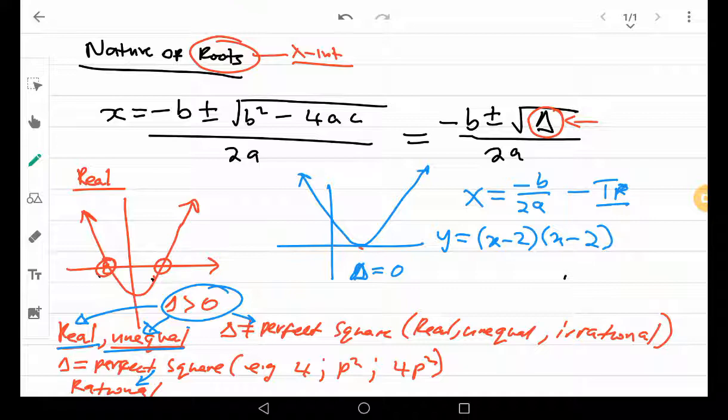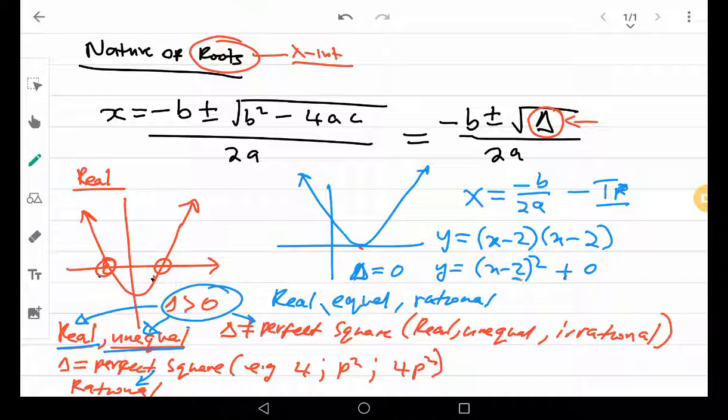You know that if the two brackets are the same, they are equal roots. So we say the roots are real and equal. Real equal roots are also rational. How do we solve this? y is equal to x minus 2 all squared, so the roots are equal.